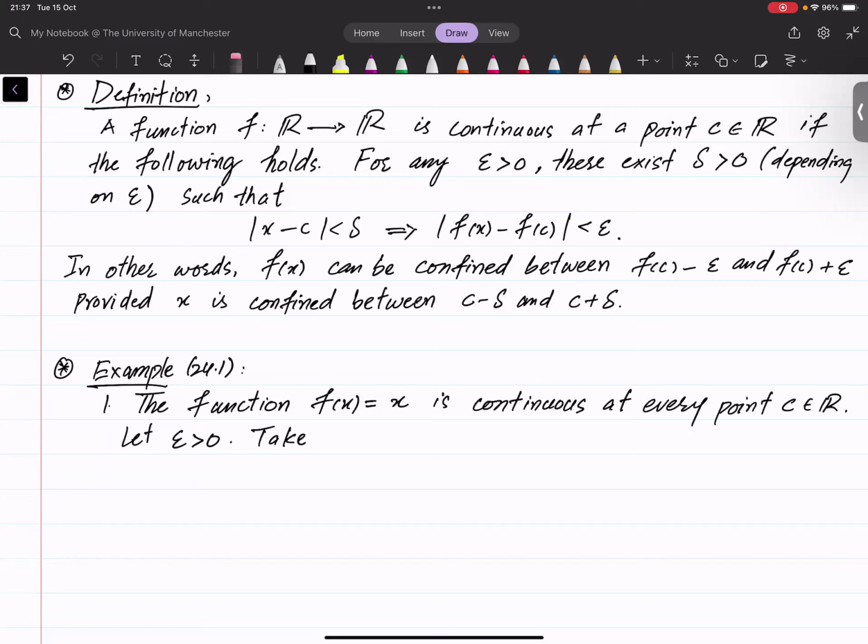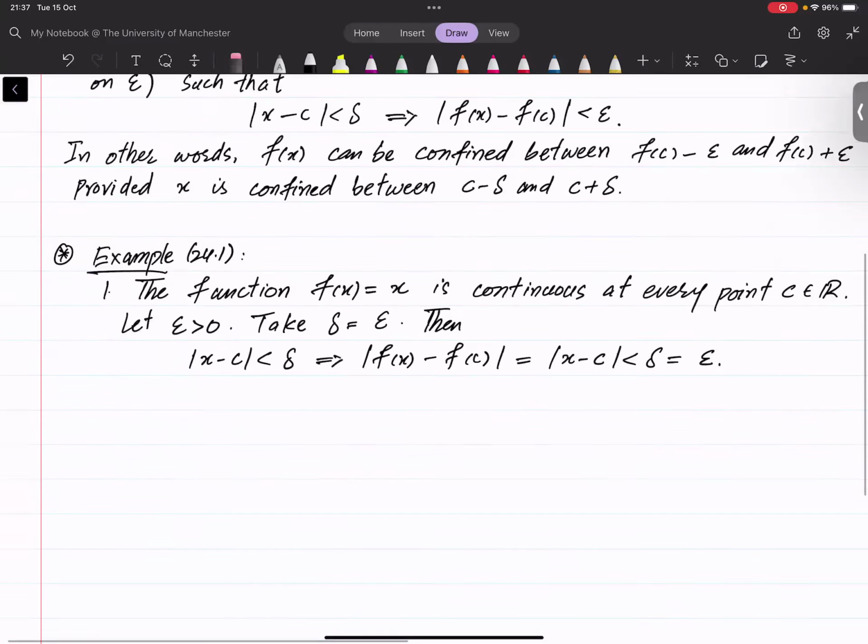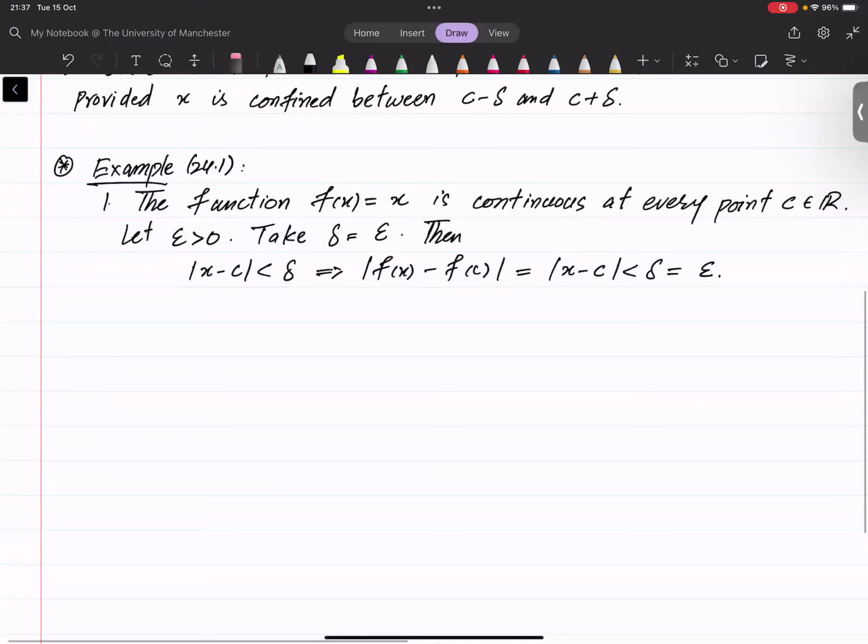We take delta to be epsilon. Then if mod x minus c is less than delta, then mod f of x minus f of c, which is nothing but mod x minus c, is less than delta, which is epsilon. Okay, perfect.